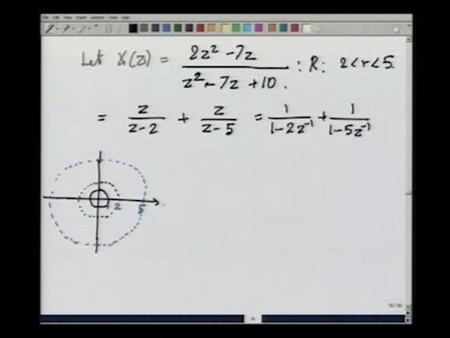We are told that the ROC is annular. That means to say that the ROC fills up the space between these two dotted boundaries that we have drawn, like this.